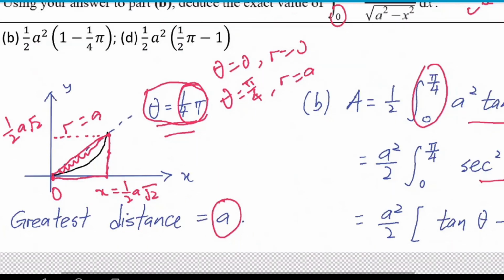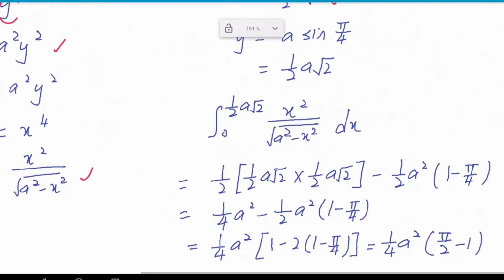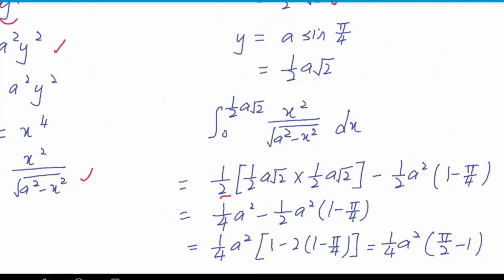So we use half of base times height for the triangle, minus the answer that we got from part B. That will give us the area under the curve. A little bit of simplifying is needed, and we will get this at the end. All right.